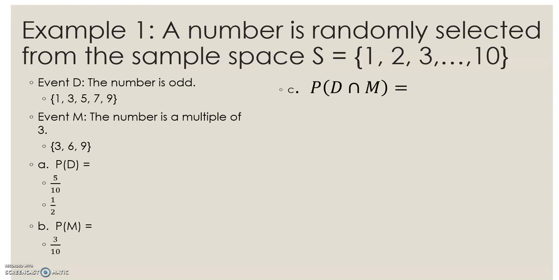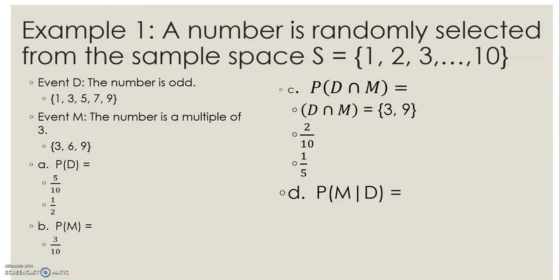Probability of D intersecting with M. Just look at D intersect M first, and that is 3 and 9. 6 is not in D, so it is not part of the intersection. So the probability of D intersect M is 2 out of 10 digits, 2/10, which is 1/5.